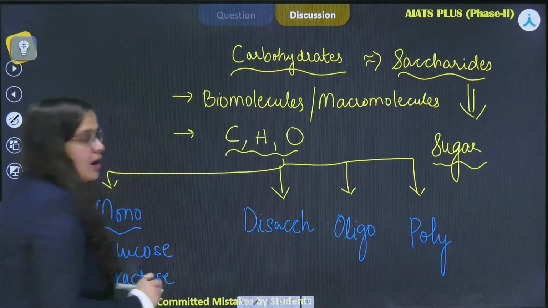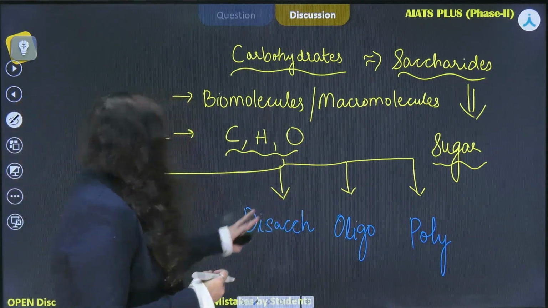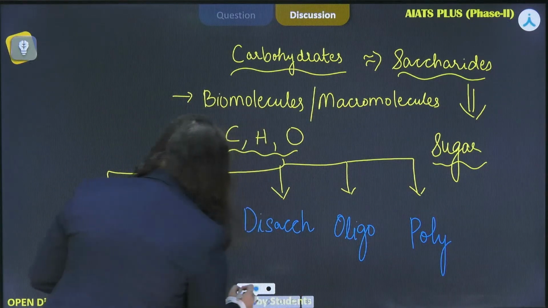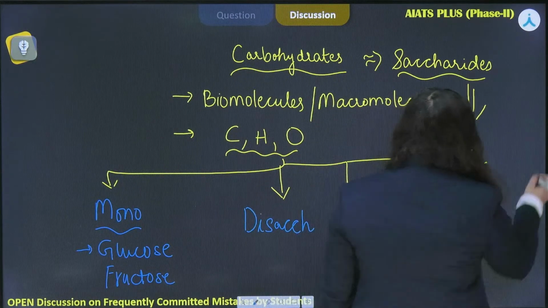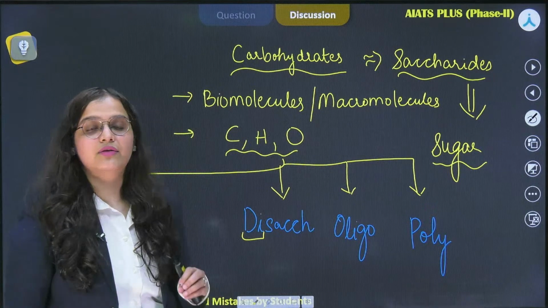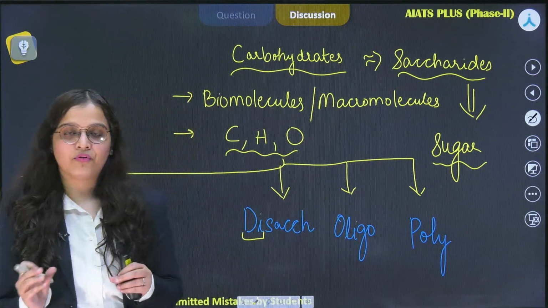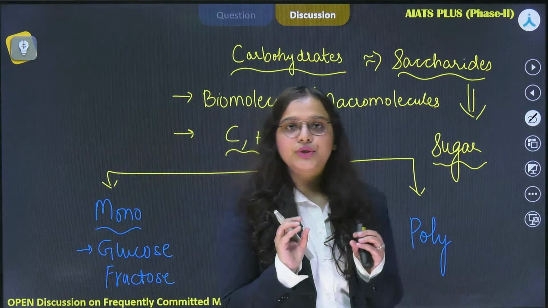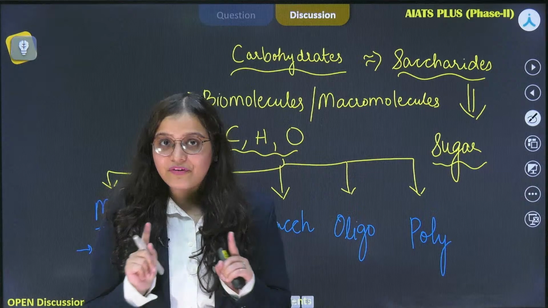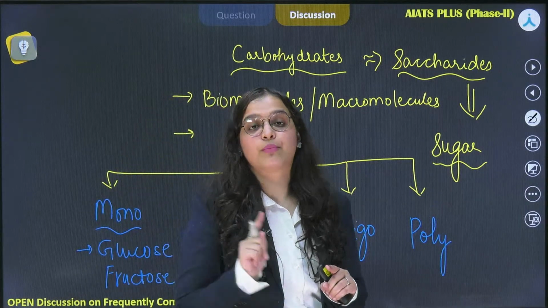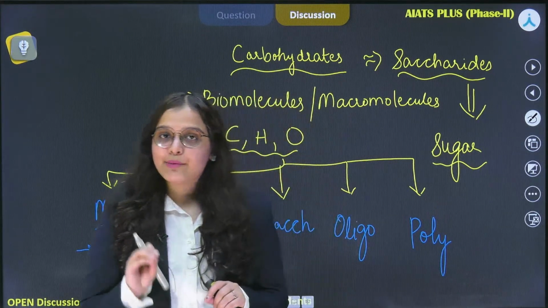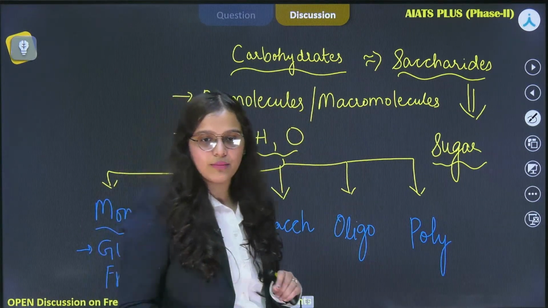Coming to disaccharides, again we will break the word and we can figure out that di means 2. So basically disaccharides are carbohydrates in which 2 molecules of carbohydrate will be joined together with the help of a specific bond about which we have talked in our previous classes in great detail, and I would like to know the name of that bond from you in the comment section.